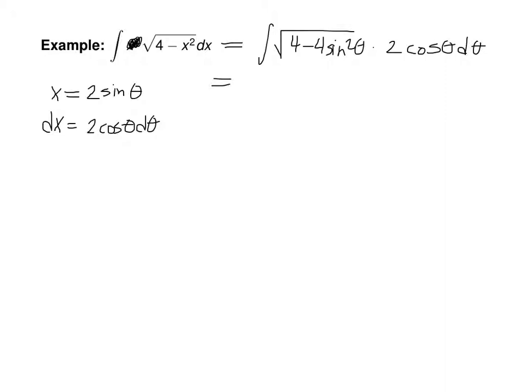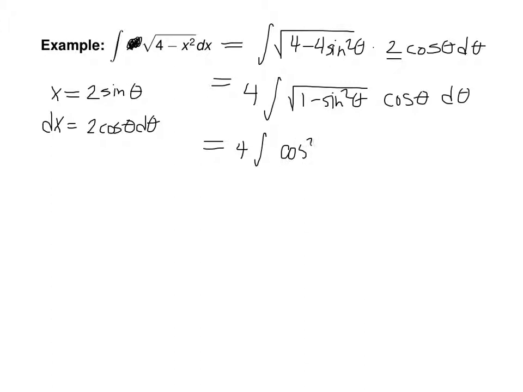And now when you factor that 4 out from the root sign, it gets rooted, becomes a 2, multiplies by this 2 makes a 4, and then you're left with 1 minus sine squared theta. And 1 minus sine squared is cosine squared, which roots to cosine. So we have 4 times the integral of cosine squared theta d theta.